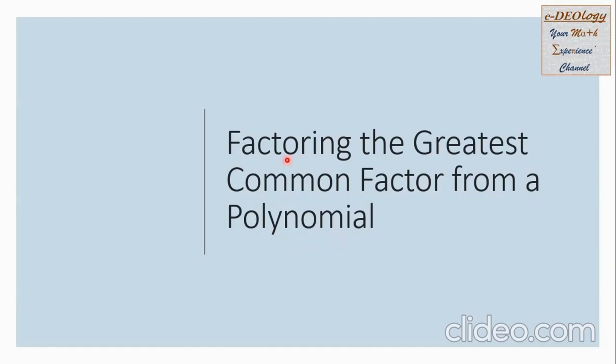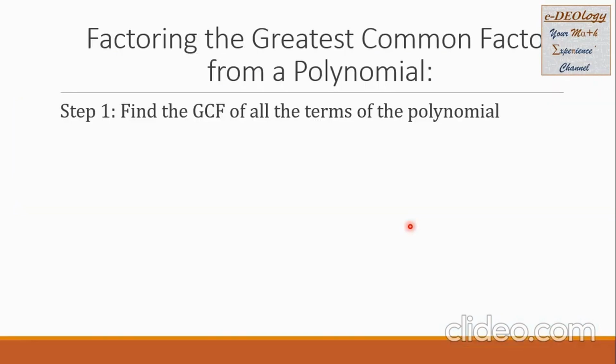Let us discuss now factoring the greatest common factor from a polynomial. We are going to follow some steps. The step 1 says, find the GCF, or the greatest common factor of all the terms of the polynomial.